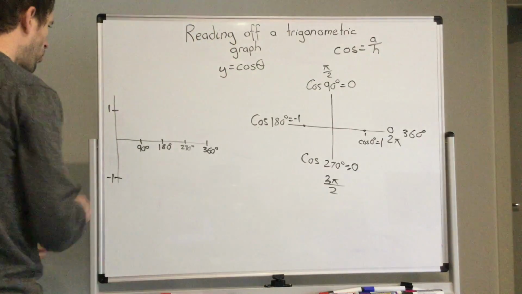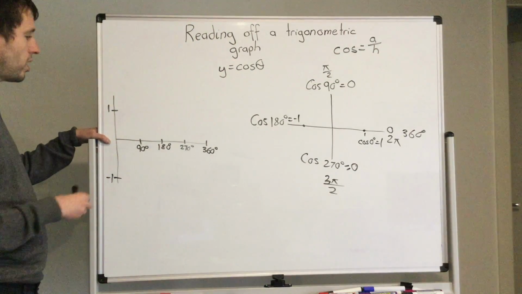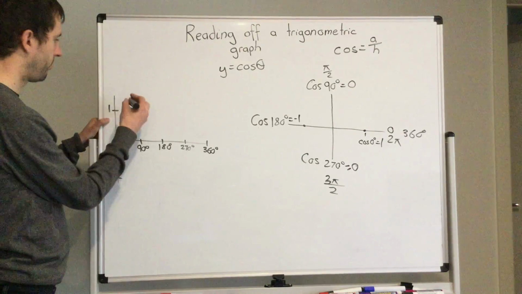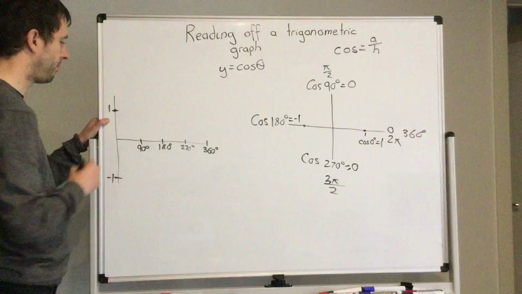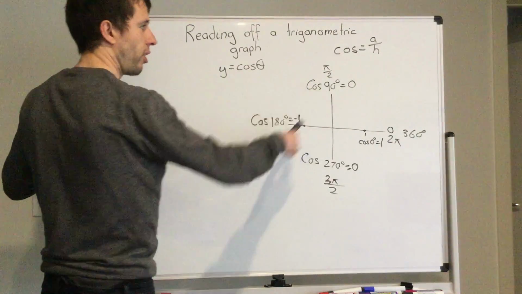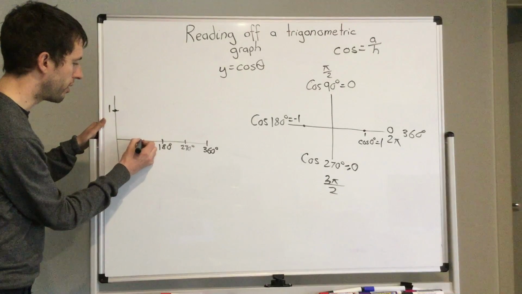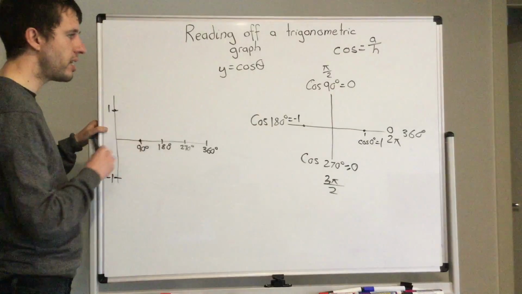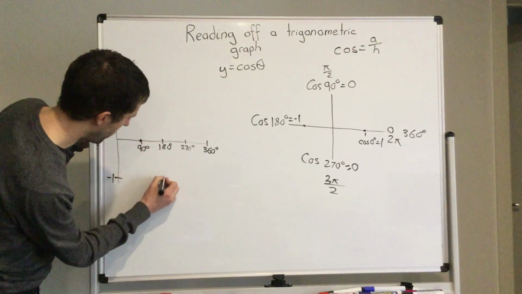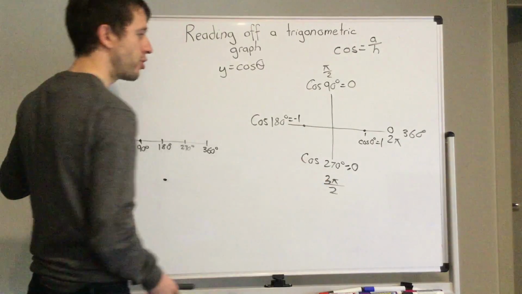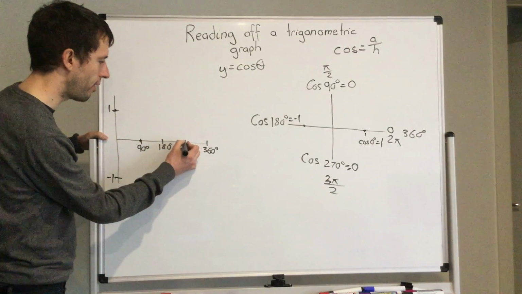So we can graph that. At 0, we know that cosine 0 is 1. So it starts up here. I know at cosine 90 degrees, we are at 0. At cosine 180 degrees, we are at -1. At cosine 270 degrees, we are at 0.